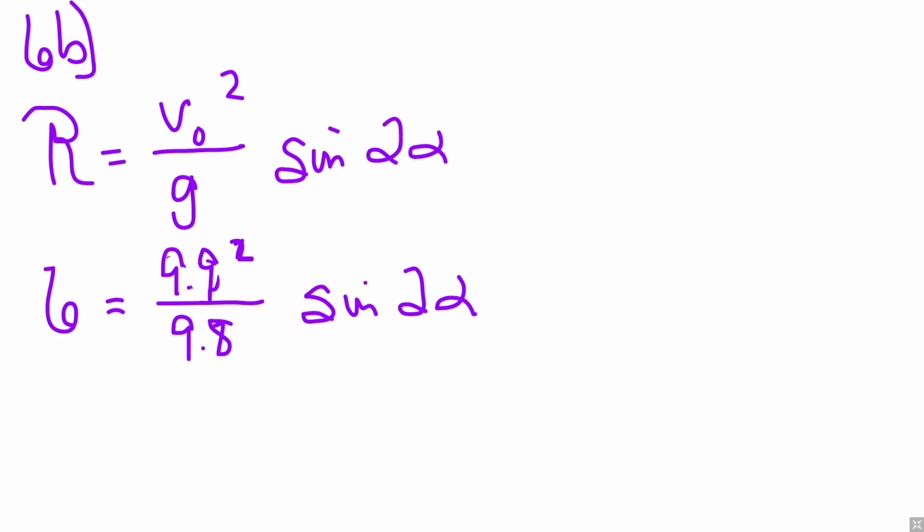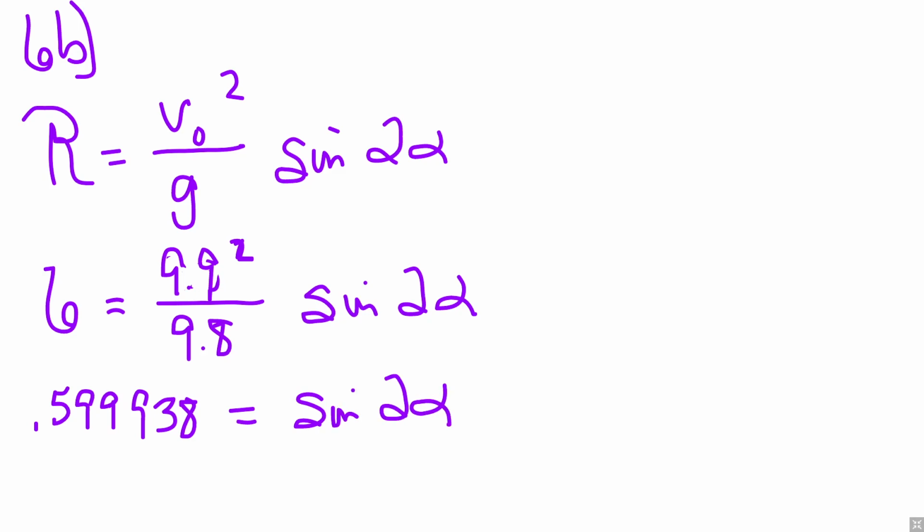Basically, we're going to solve for this. 6 times 9.8 divided by 9.9 squared, I'm going to get 0.59938. That's going to be equal to the sine of 2 alpha.